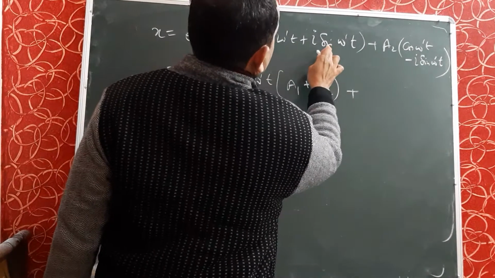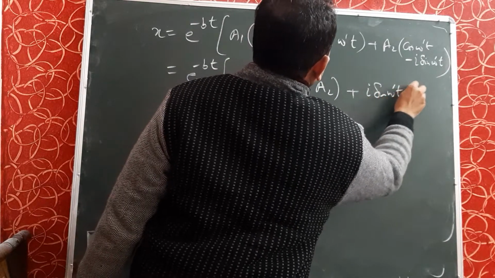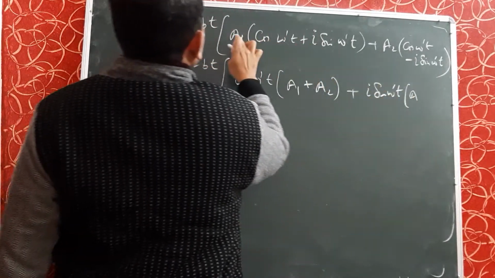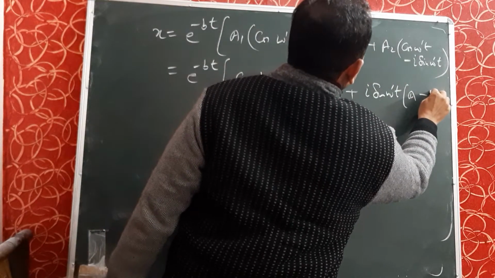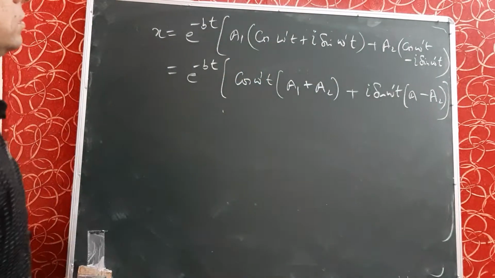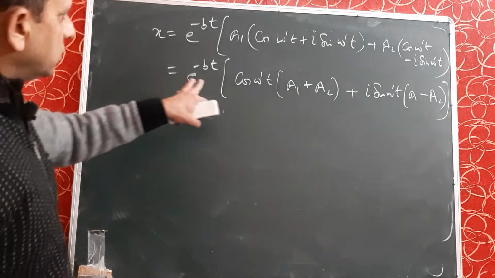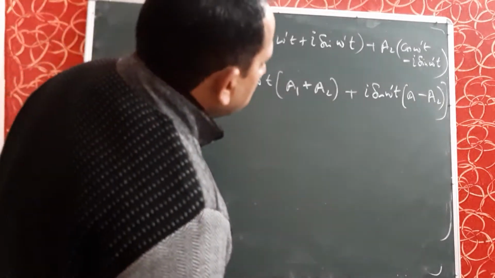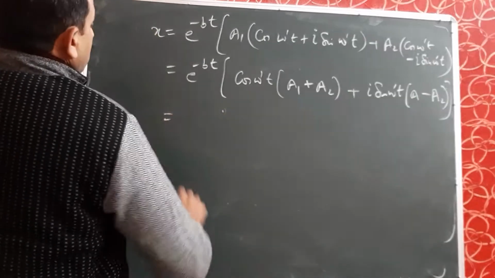Similarly, iota sin omega dash t is also common, with a1 minus a2. So, this is the final answer which we have got after simplification.